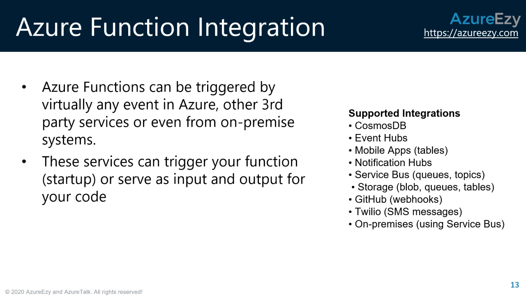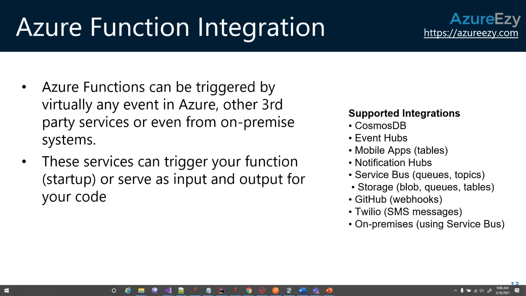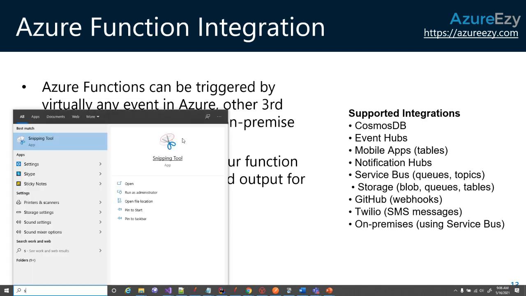Other than that, usually people will use all these supported integrations. Suppose something is happening in one of the services, normally you will have an event hub event, right? Some IoT device is sending a notification and you want to take some action based on that, and you have a small code written in Azure Function. Azure Function will be a very appropriate choice of platform to run such small codes.